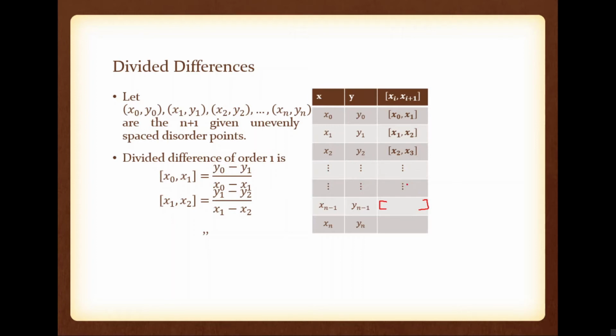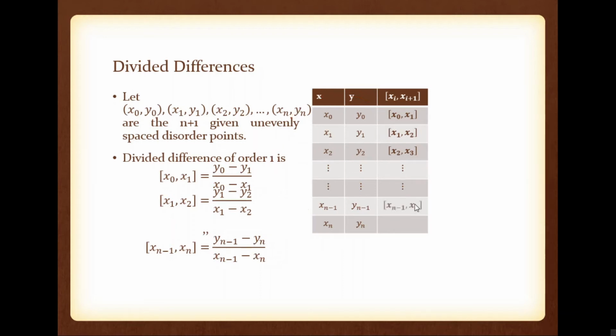Yes, we have [xn-1, xn], the interval in square brackets. Corresponding to xn-1 we have yn-1, corresponding to xn we have yn, divided by xn-1 minus xn. So the position of this one is corresponding to xn-1.